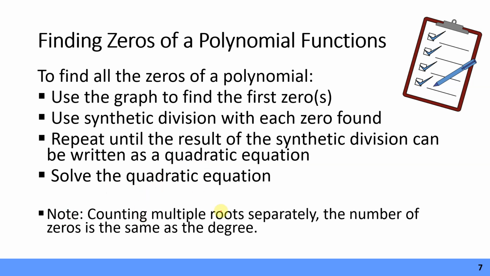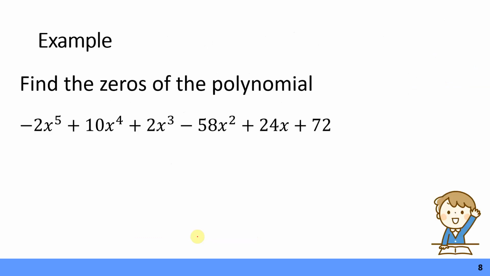Counting multiple roots separately, the number of zeros is always going to be the same as the degree. This is very important. So if a polynomial has a degree of 7, that means you're going to have a total of 7 answers. So you're not done until you give me 7 answers. If our polynomial only has a degree of 2, that means you're only going to have 2 answers, and that's it. So let's go ahead and put these steps into practice.